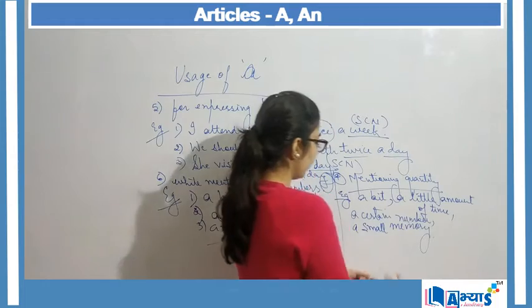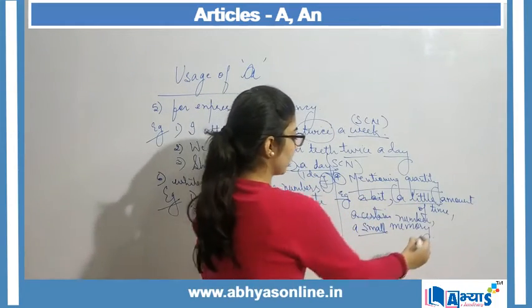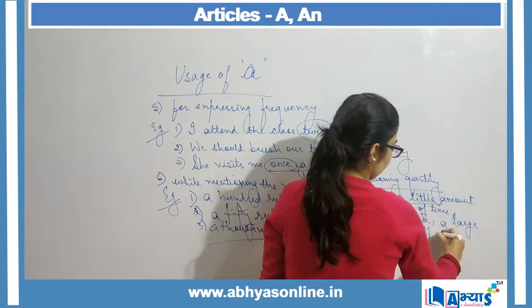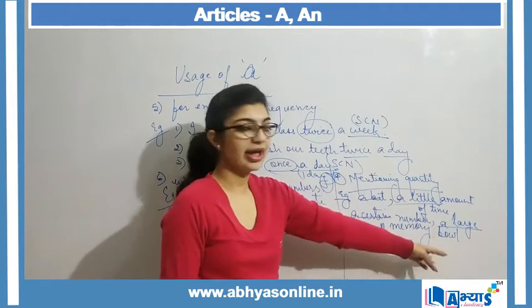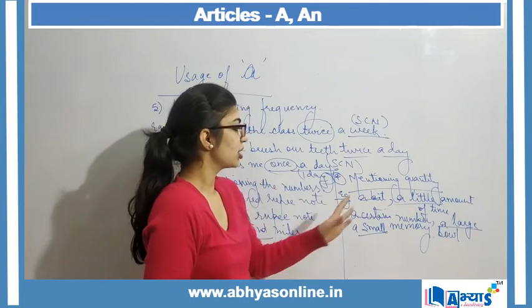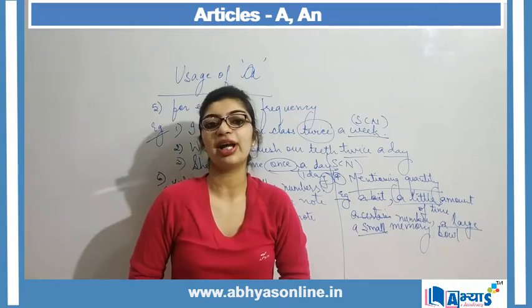So here I am talking about quantities, right? I can say a large bowl. So again, a quantity, the amount of quantity that I have. So for mentioning quantity as well, we can make use of the article a.